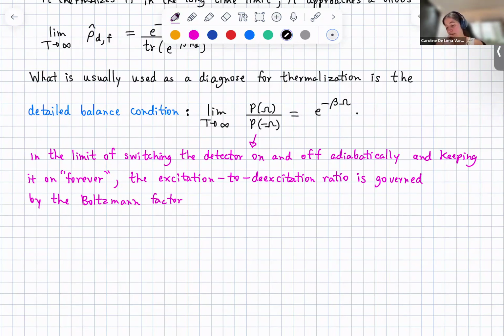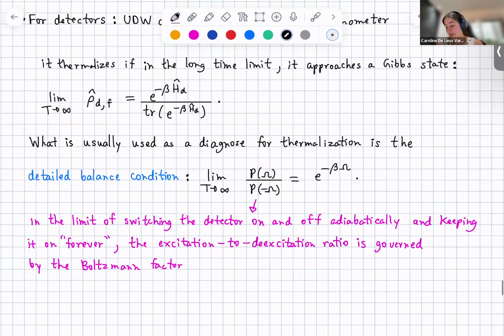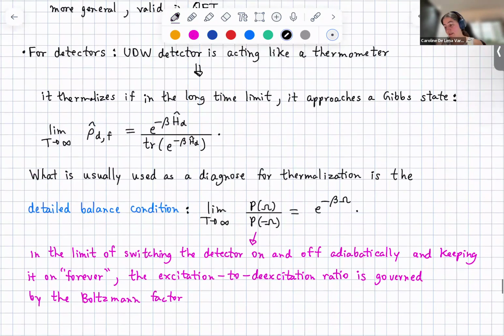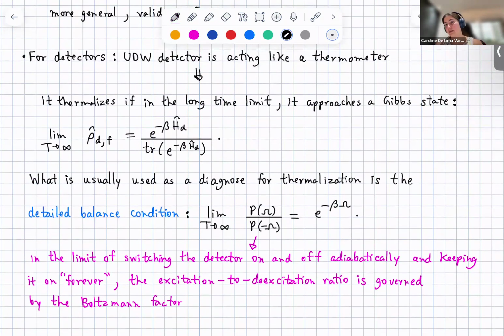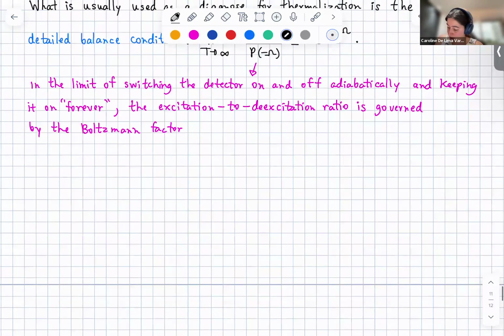Now, if you think, as I do, that for a detector to thermalize it should actually be in a Gibbs state, you can see that the Gibbs state is going to satisfy this detailed balance condition, but it also satisfies something else.